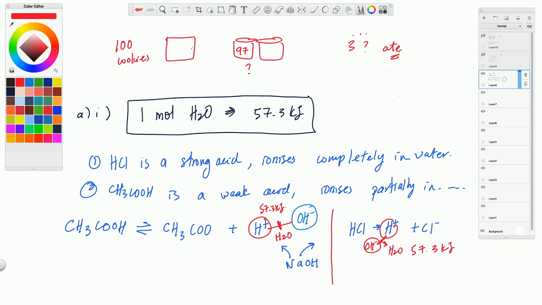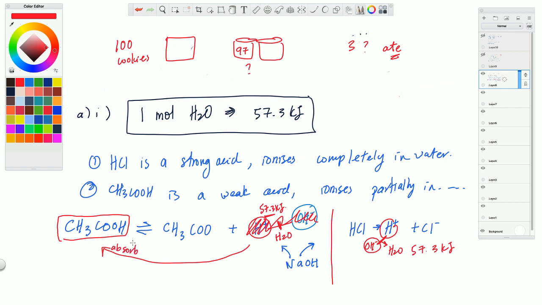Who ate it? The molecules. The molecules of ethanoic acid want to separate to form hydrogen ions. After this has reacted, it releases 57.3 kilojoules of energy. Some of the energy needs to be absorbed again.